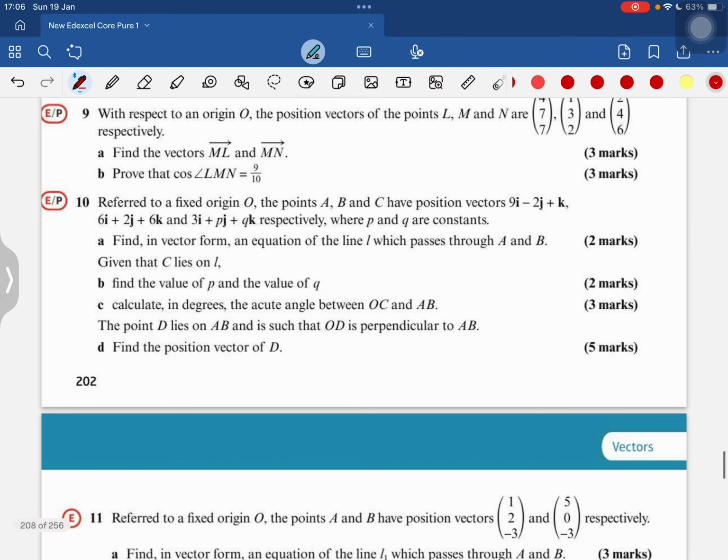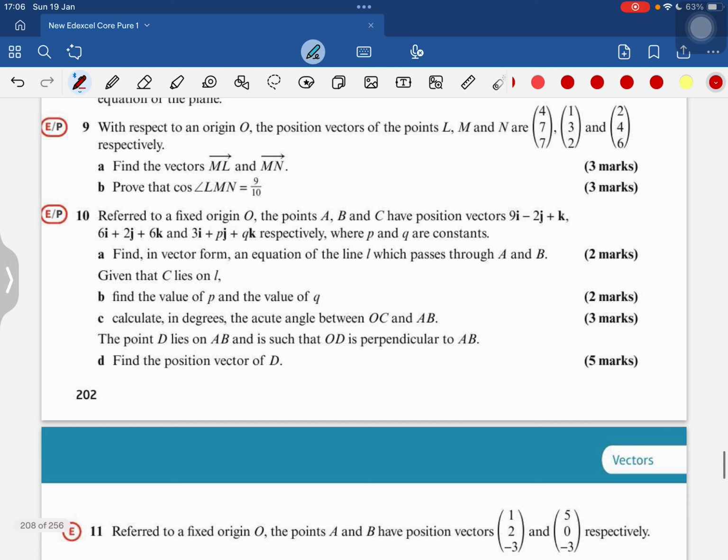And number 9, O is the origin, position vector, we have 3 vectors and vectors ML, MN. So we want to express ML and MN. So the ML vector is L minus M. So L minus M is 3, 4, 5.